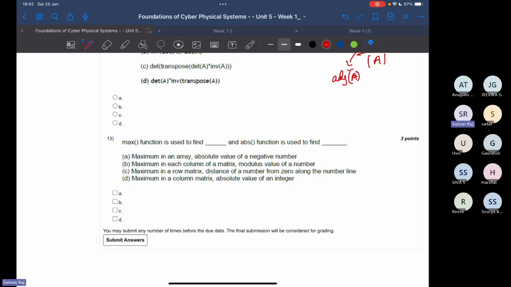They are taking both because this is a multiple choice answer. You can select more than one. The maximum of a row in a matrix and maximum of a column in a matrix, the command is the same. So whatever you think is the correct option, just tick all of them because you can select multiple options here. I think all are correct in this.